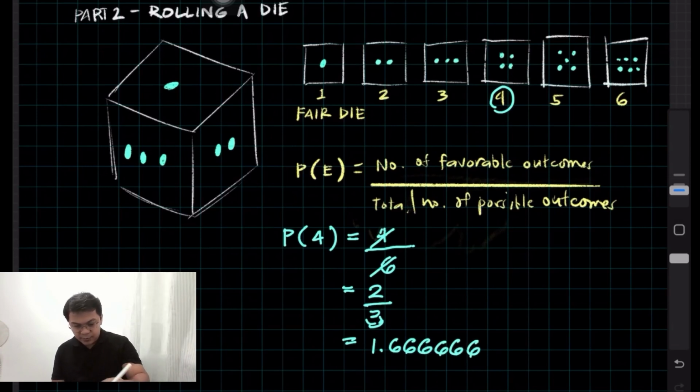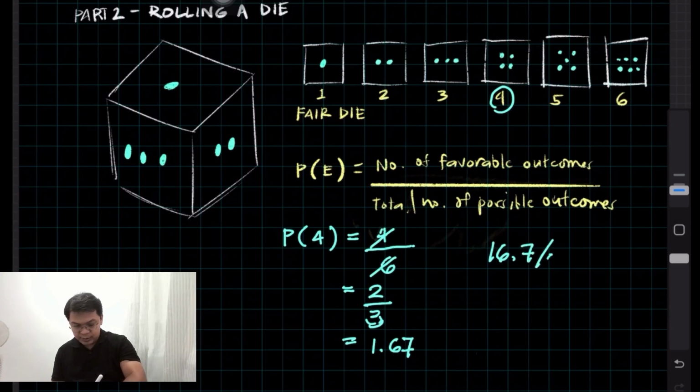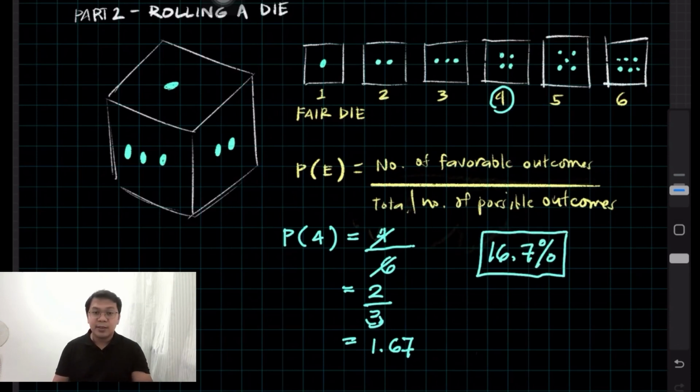Let's reduce it to 2 decimal places, so we end up with 1.67, or if we turn that into a percentage, we multiply it by 100, that gives us 16.7%. So that is the probability of us getting a 4 when rolling a die.